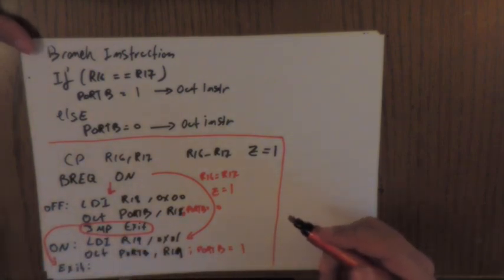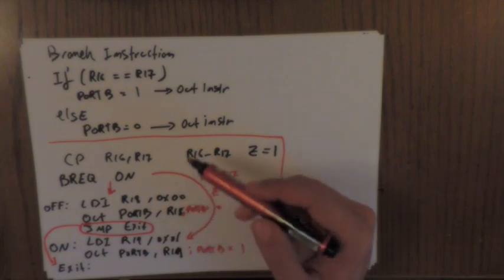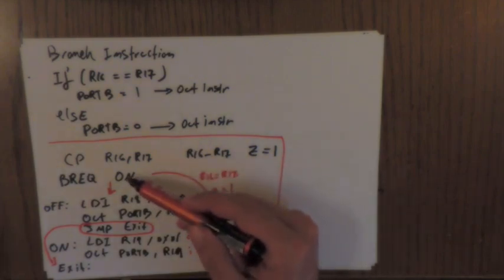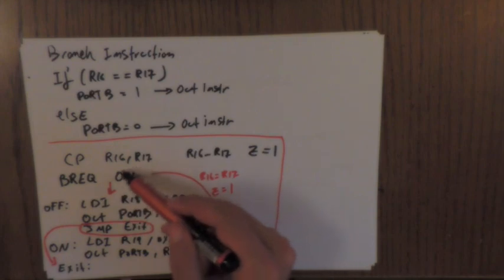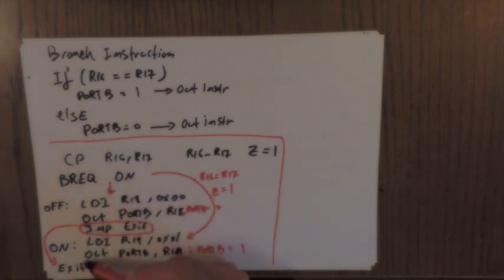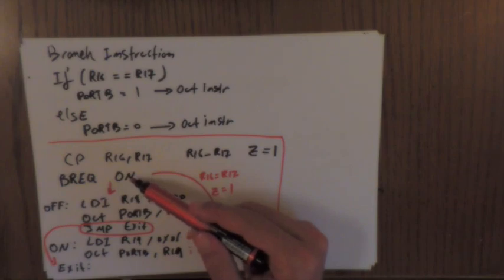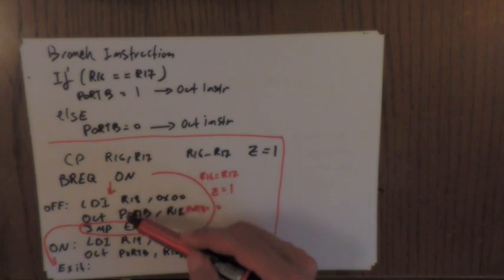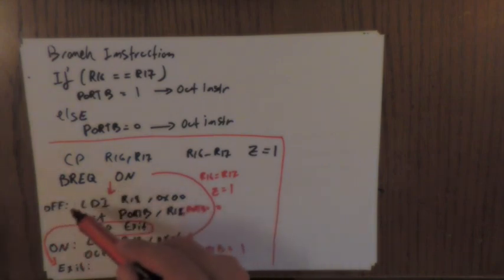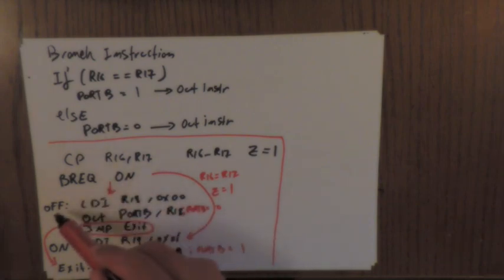Alright, so let me repeat. Here we have some sort of an if-else condition. If the numbers are equal, I go to the on label. This is a label, okay? This is a place inside the code. If the result is not true, I go to off by default, because I could have just removed this since there's no place that's calling off.